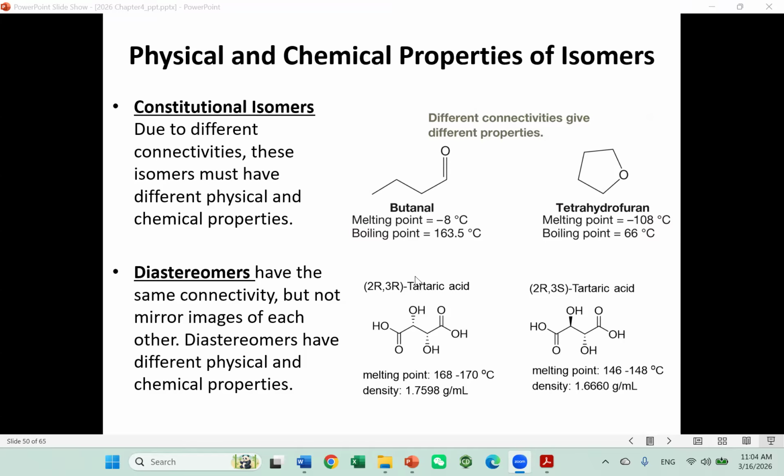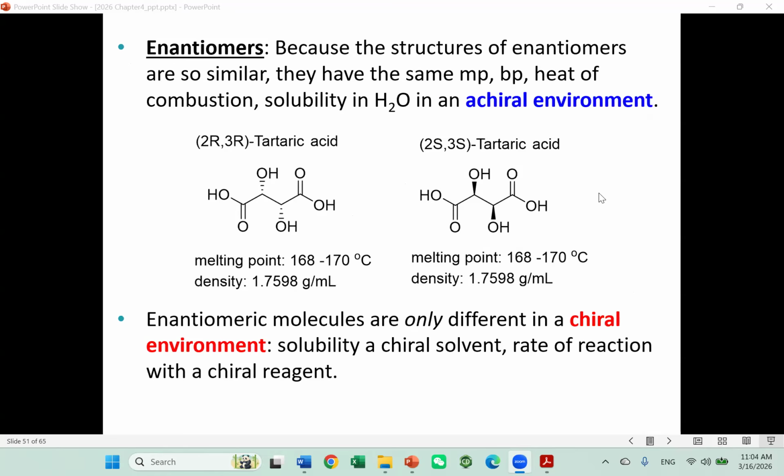Okay, and next, very interesting, are enantiomers. Okay, enantiomers are mirror images of each other. They have very similar structures, okay. So they will have the same melting point, same boiling point, same solubility, same heat of combustion, and pretty much everything the same.